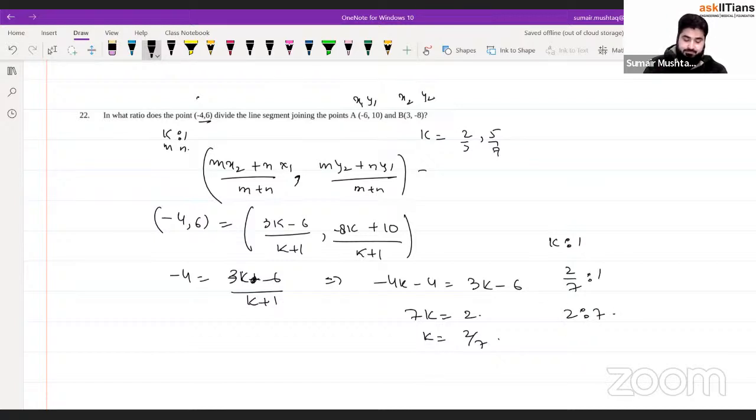Got it? Any confusion? No, no, you were wrong. It's 2 is to 7.